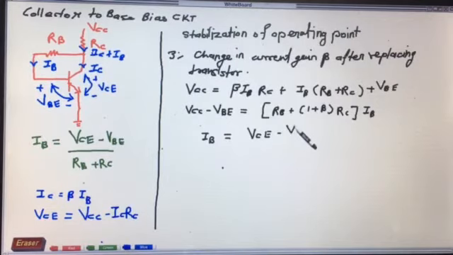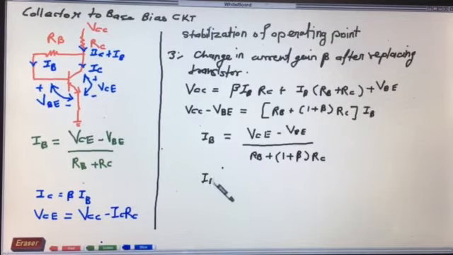upon (RB plus (1 plus beta) times RC). Here the value of VBE is too small, so we can neglect it. IB can be written as VCC upon (RB plus beta times RC).